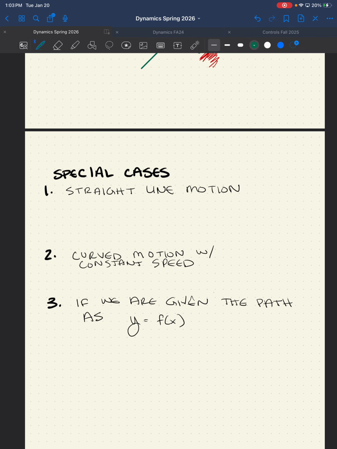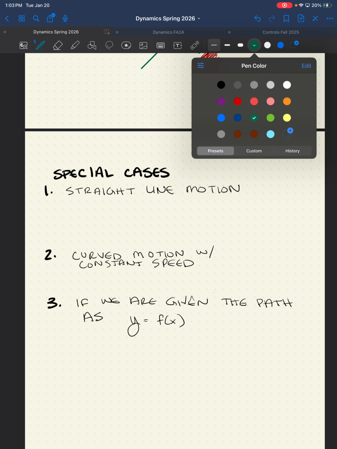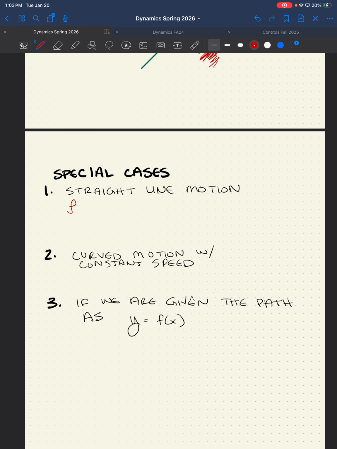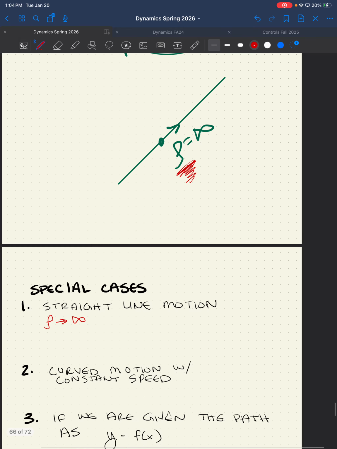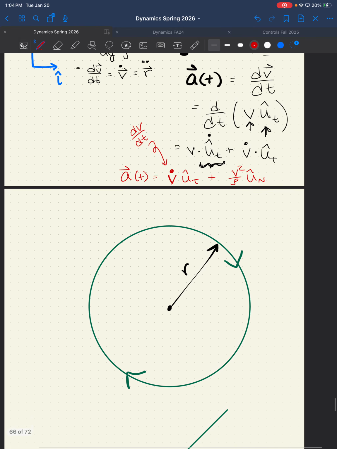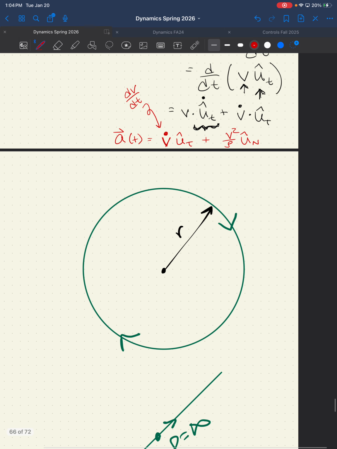Okay, so speed is that v, which is the magnitude of my velocity vector. That's speed. So acceleration is equal to v dot u hat t plus v squared over rho u hat n.